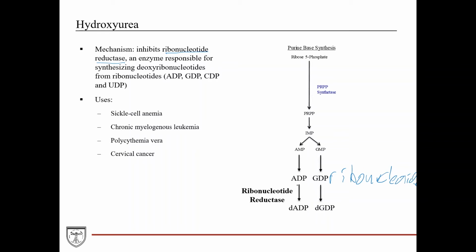And then these are converted by the enzyme ribonucleotide reductase into deoxyribonucleotides, which are dADP and dGDP, respectively. So you inhibit this enzyme with hydroxyurea, which would then prevent the eventual synthesis of adenine and guanine. Uses for this are sickle cell anemia, chronic myelogenous leukemia, or CML, polycythemia vera, and then cervical cancer.